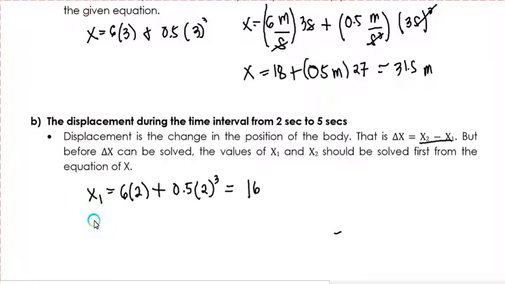Next, for the x sub 2 value. So still the same, we just substitute the value. Next, the time will be equal to 5 seconds. So we substitute, you have 6 times 5 plus 0.5 times 5 cubed.